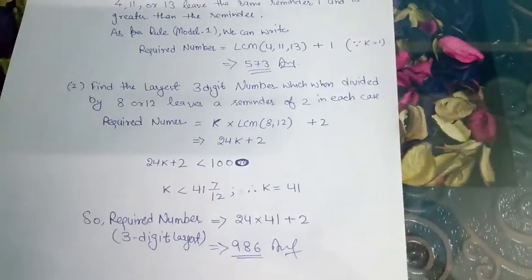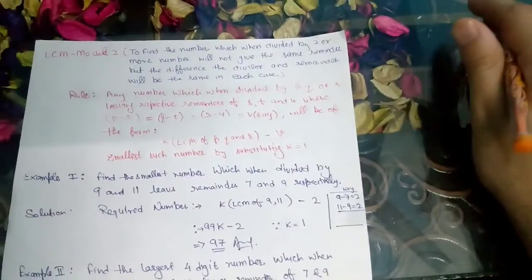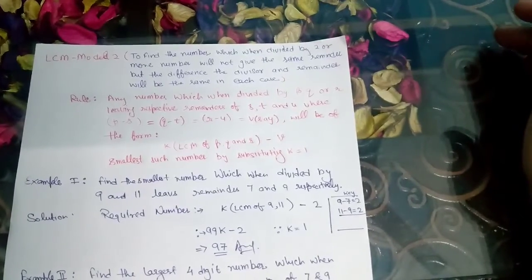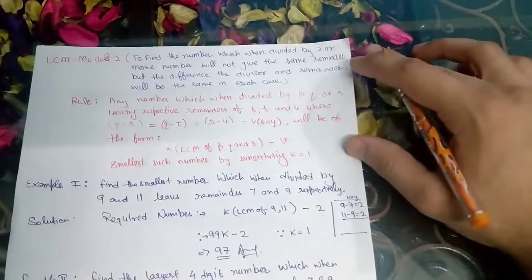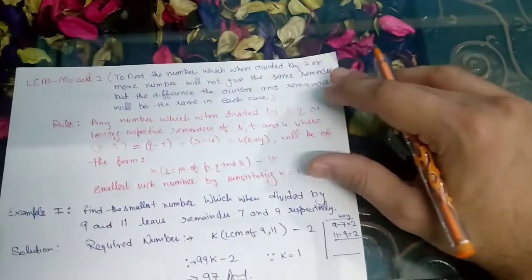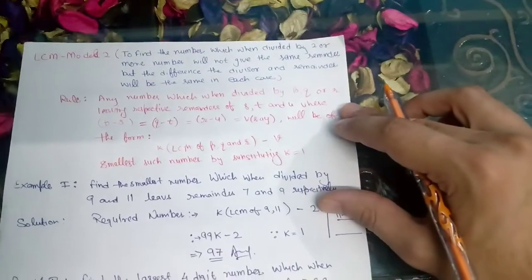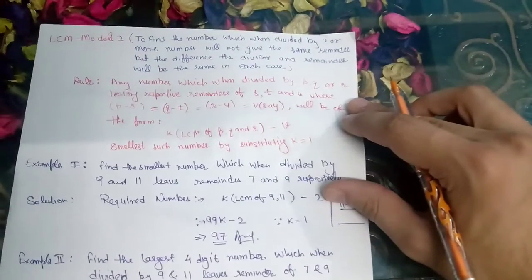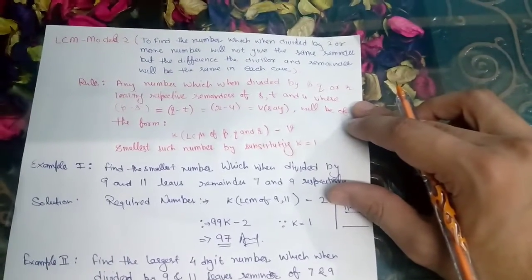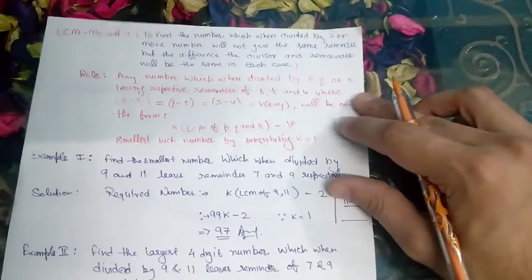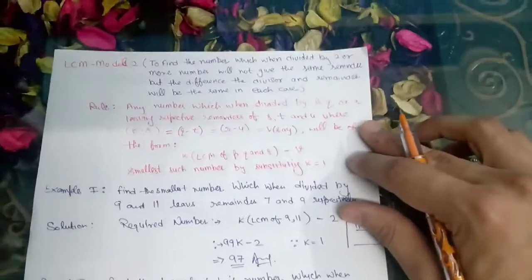Now moving on to the second model of LCM. Here you have to find the number which when divided by two or more numbers does not give the same remainder, but the difference between the divisor and the remainder is the same in each case. What does the rule say?